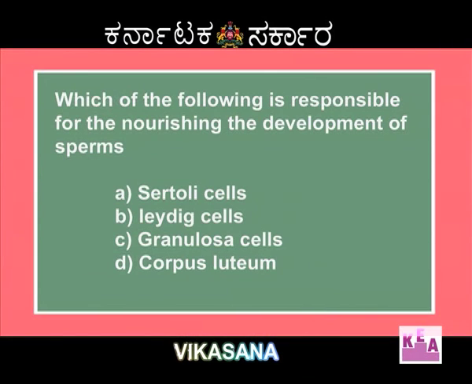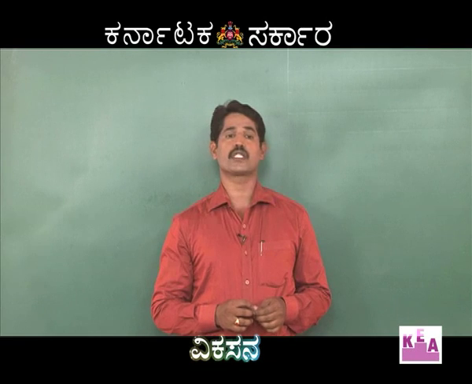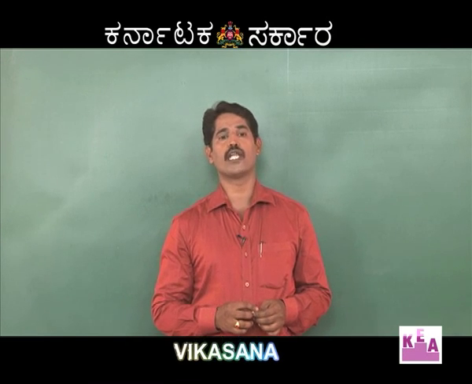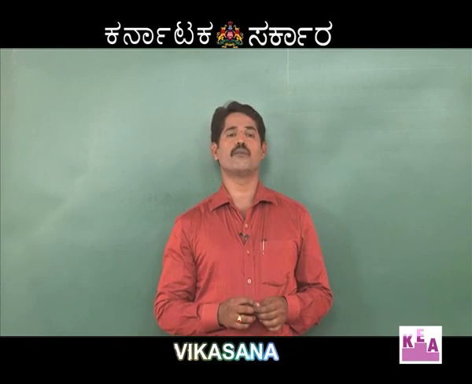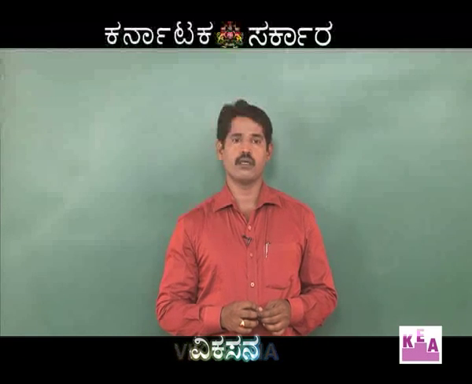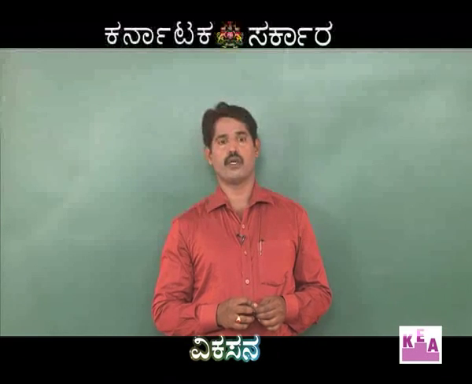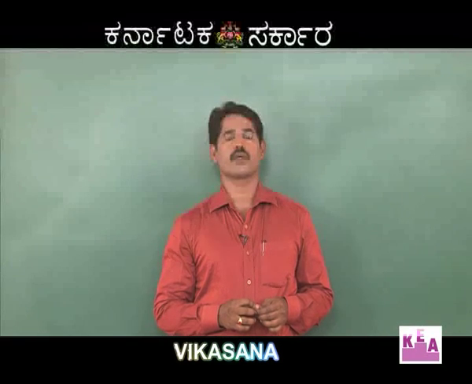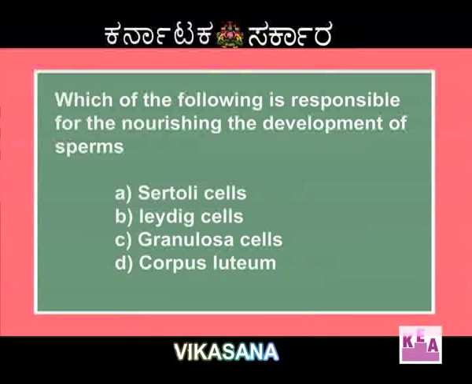The corpus luteum is the structure left behind after the ovulation process, also called the yellow body, which is also endocrine in nature and is responsible for the synthesis of the progesterone hormone. So, for this question the correct option is the Sertoli cells, which are responsible for the nourishment of developing spermatozoa.